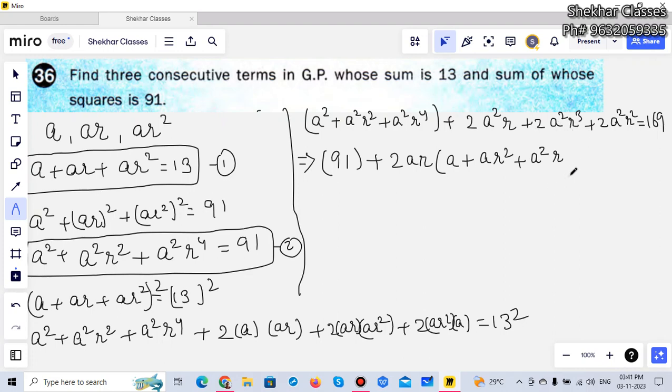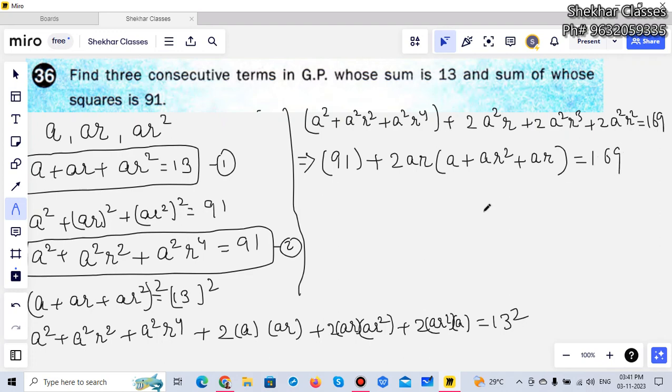If I take A square common, it will be R only, this will become R square and this R only, so it will not help. So if I take this, it is A plus AR. Here it is, A is common. From the third one, if I take A common, it will be A only. Okay, fine.